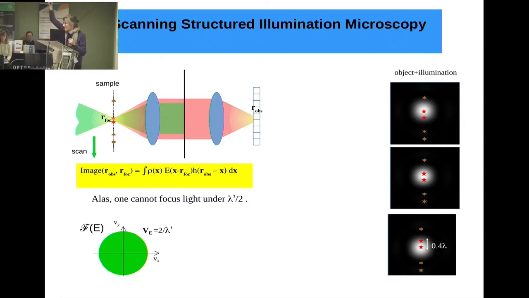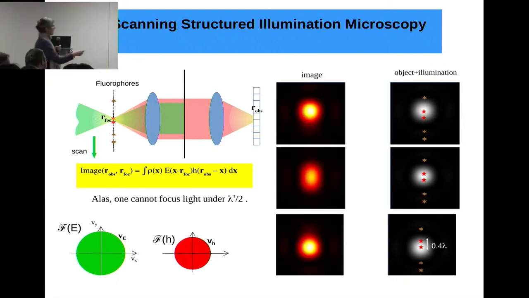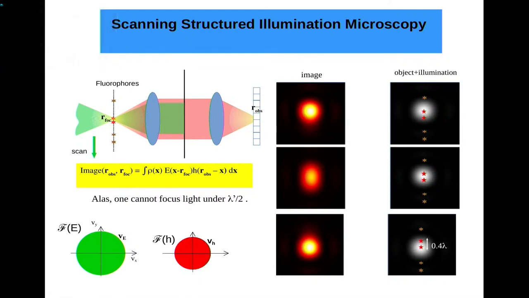So you have many, many images. What can you do with that? Those are the images related to the position of the focused beam. You see, it changes. And here I've taken two fluorophores that are separated by 0.4 lambda, so it's below the usual lambda over 2 limit.